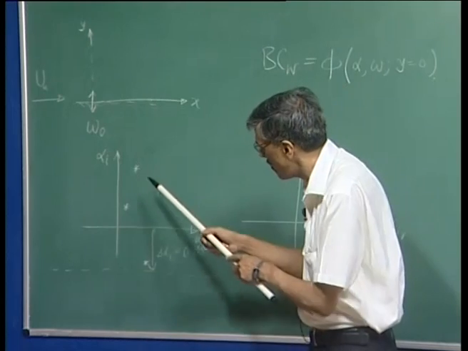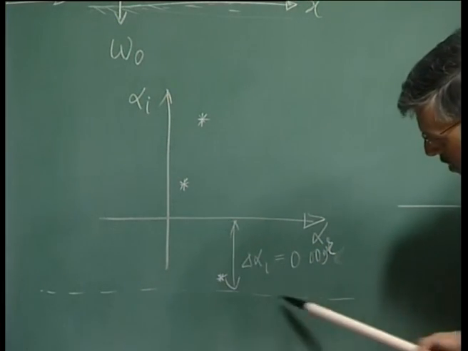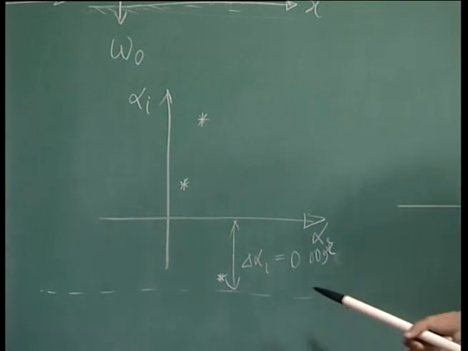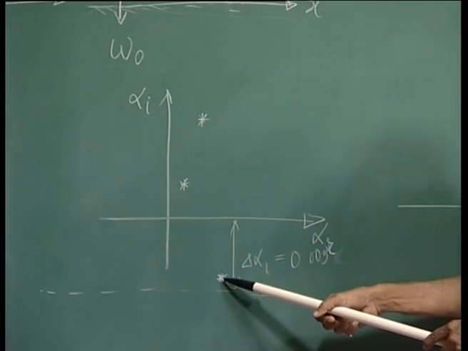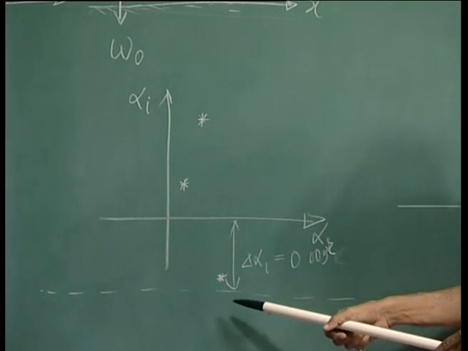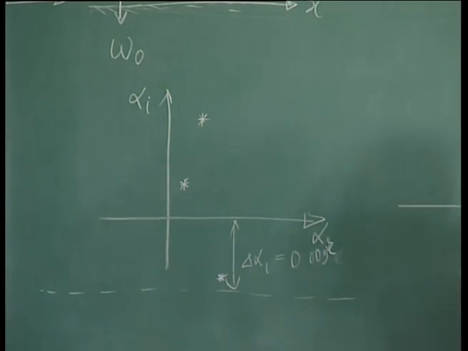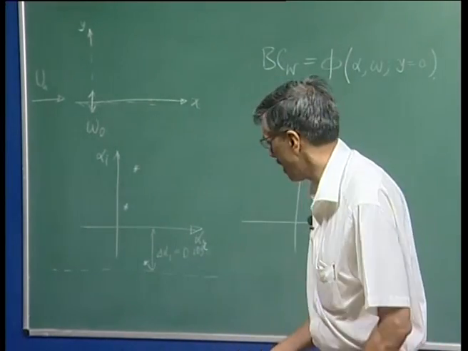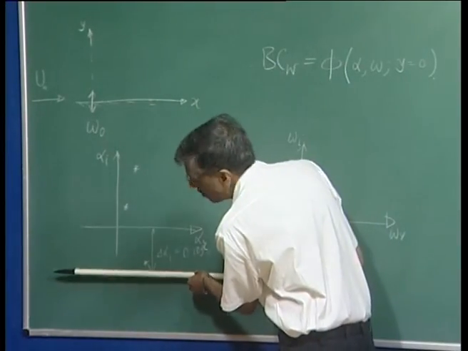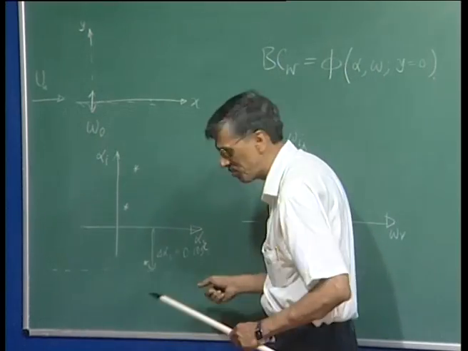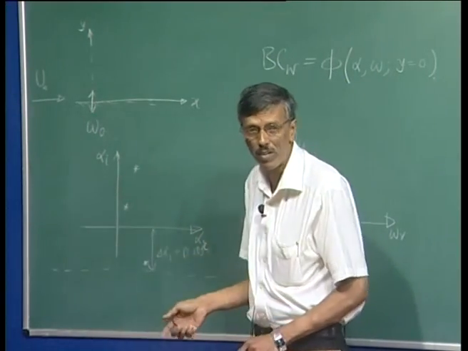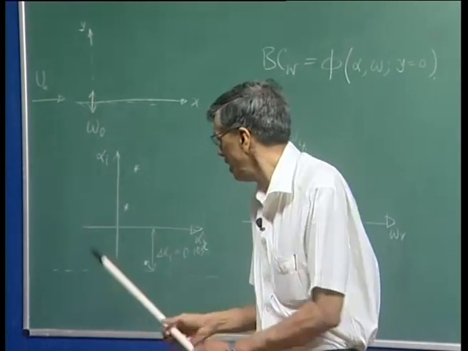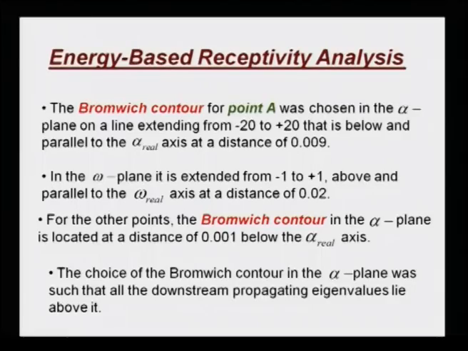Then we want the effect of all these 3 modes to be visited upon along the Bromwich contour. Okay. And when we take it as close to the unstable point as possible, then we do get its maximal effect without losing anything numerically. But if I keep the Bromwich contour farther down, I will still have those effects coming in from all the 3 points, but you may lose out in terms of numerics. So, that is why choosing these contours is important.